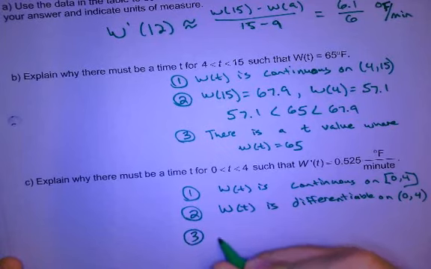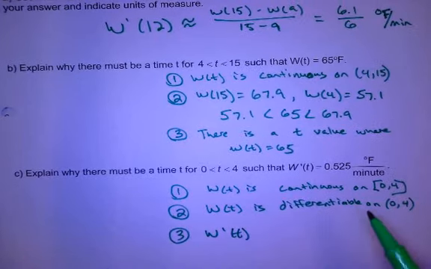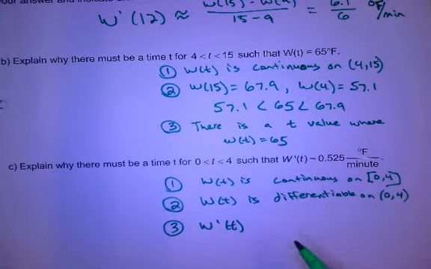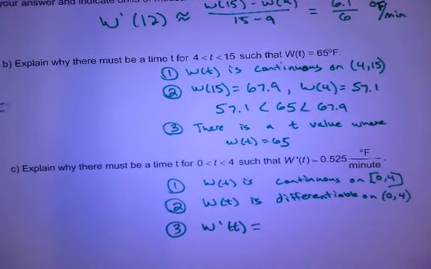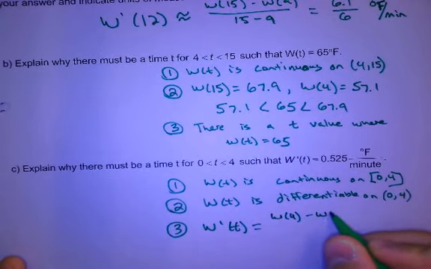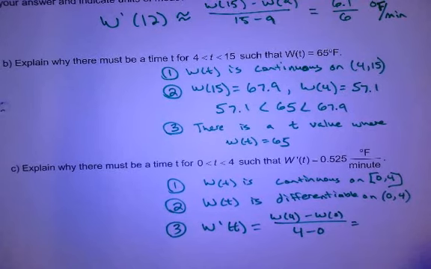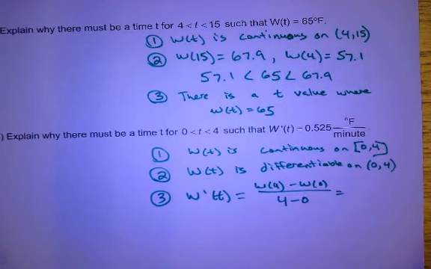And then there is a t where W prime of t, there's no derivative to take here of anything, is equal to W of 4 minus W of 0 all over 4 minus 0. What is W of 4?